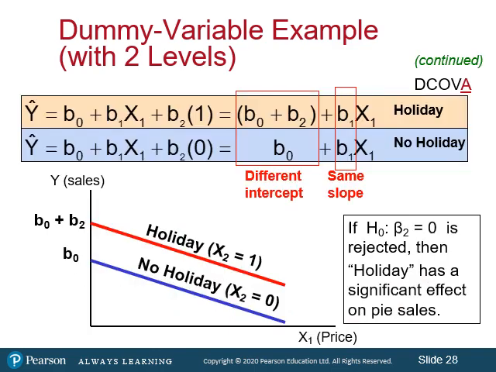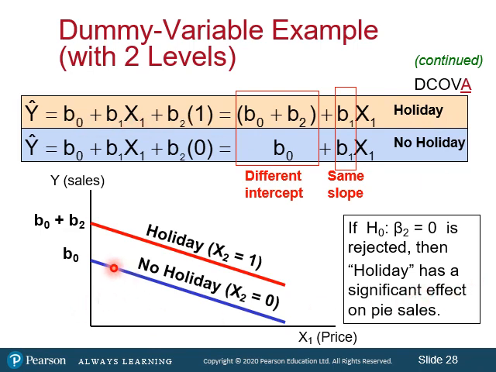So when we run the equation, when the holiday occurs in the week, your equation is y equals beta 0 plus beta 1 x1 plus beta 2 times holiday. But if there's no holiday, beta 2 times 0 is not there, right? So the equation becomes only beta 0 plus beta 1 x1.